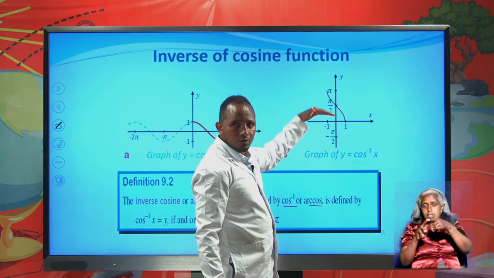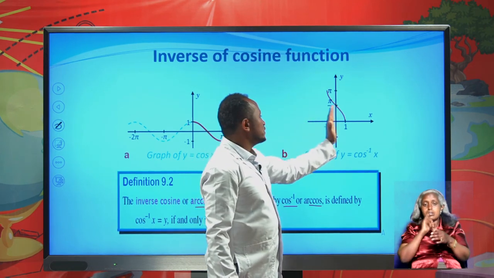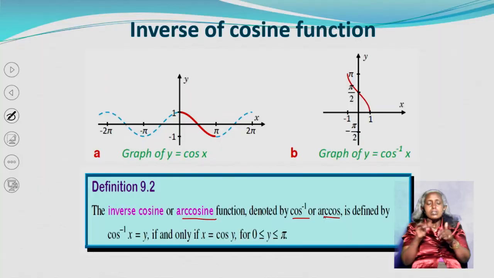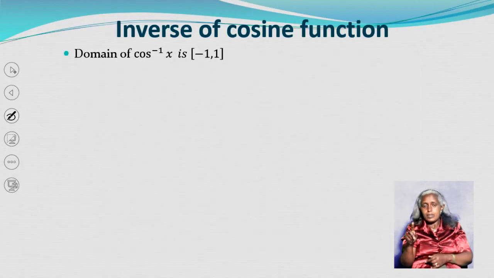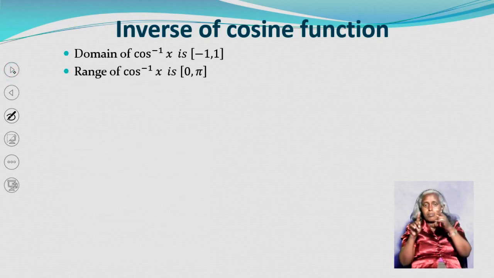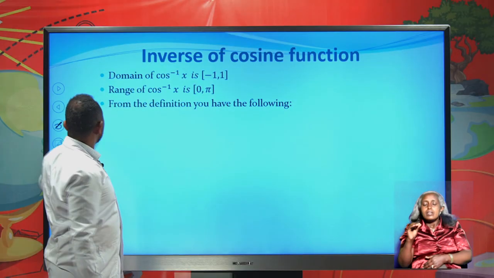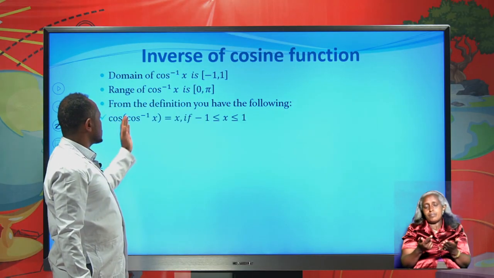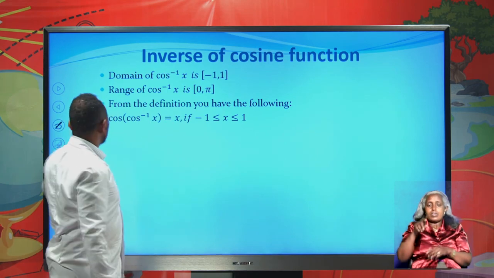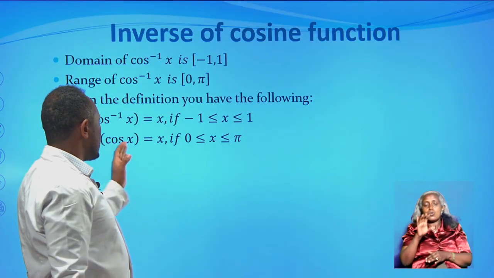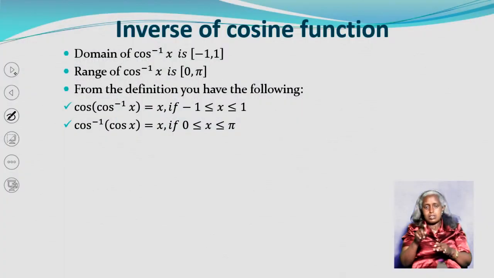The domain of cos inverse of x is between -1 and 1, and the range is between 0 and pi. From the definition, you will have this: cos of cos inverse of x is x, and cos inverse of cos x is also x on this interval.